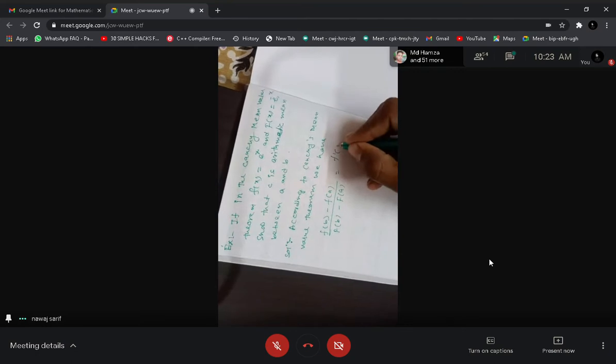Small f dash c divided by capital F dash c.